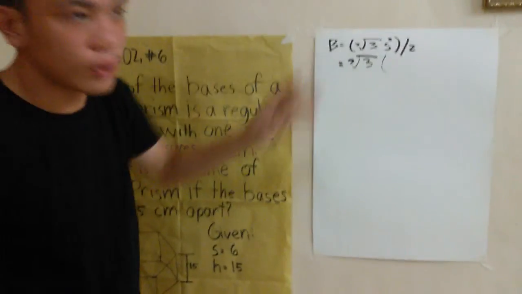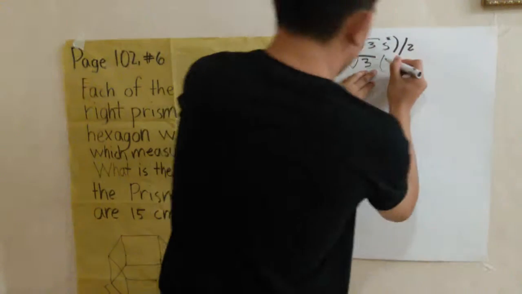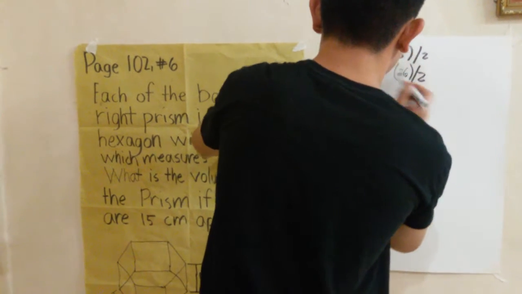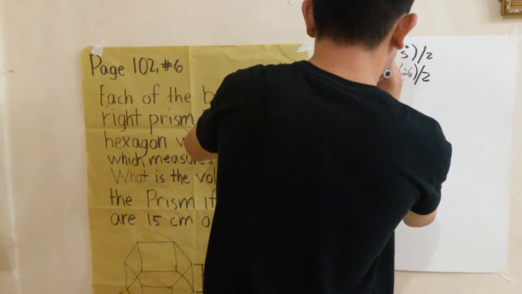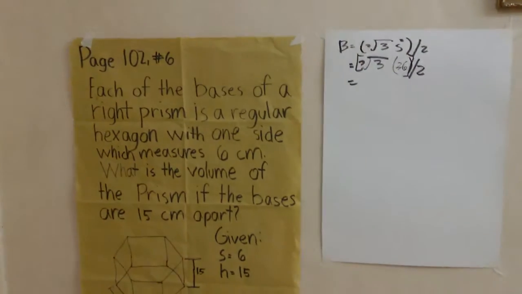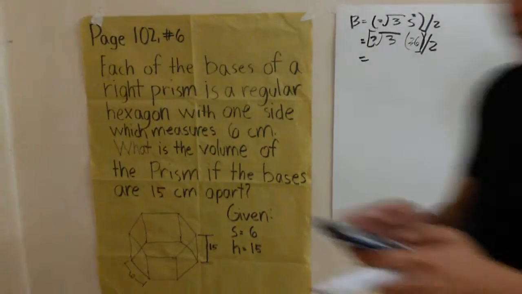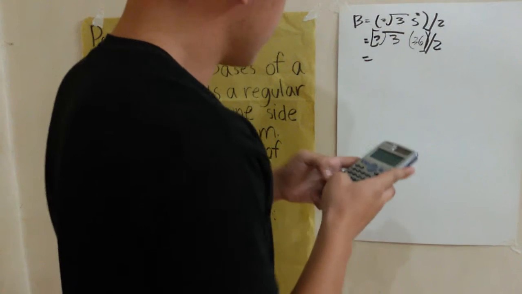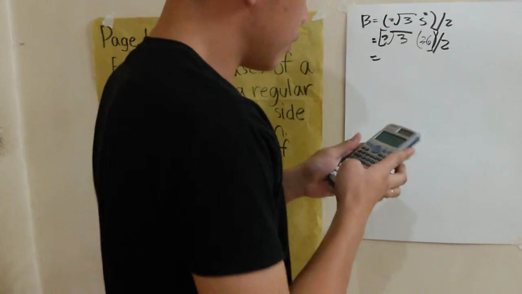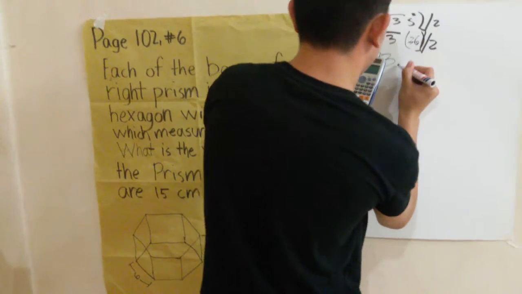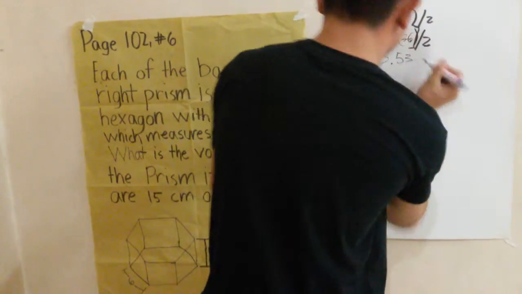Since it is squared, 6 times 6 is equal to 36, over 2. So the answer would be 3 square root of 3 times 36 divided by 2, which would be 93.53.